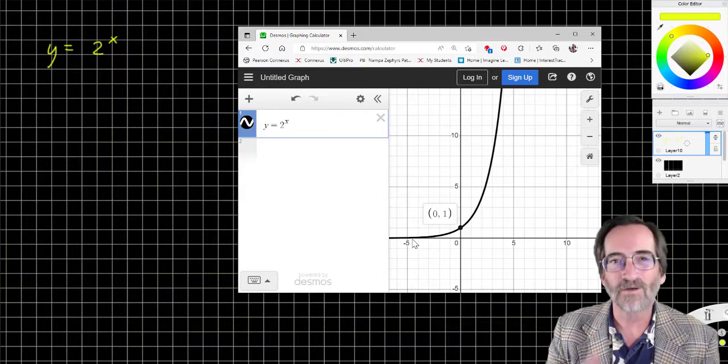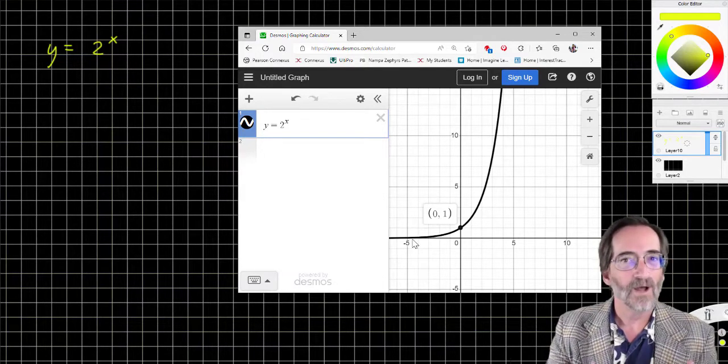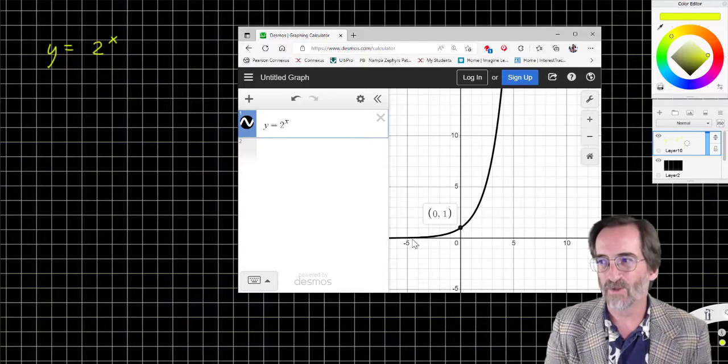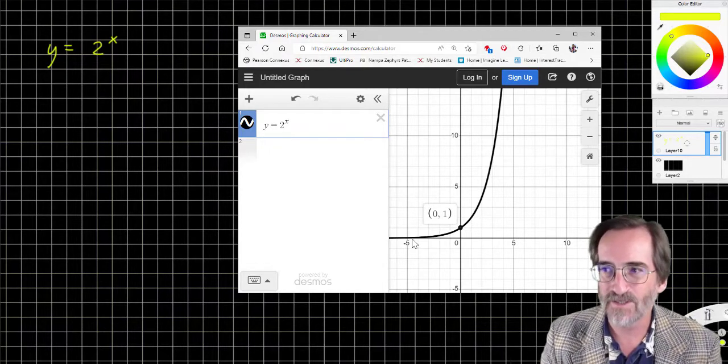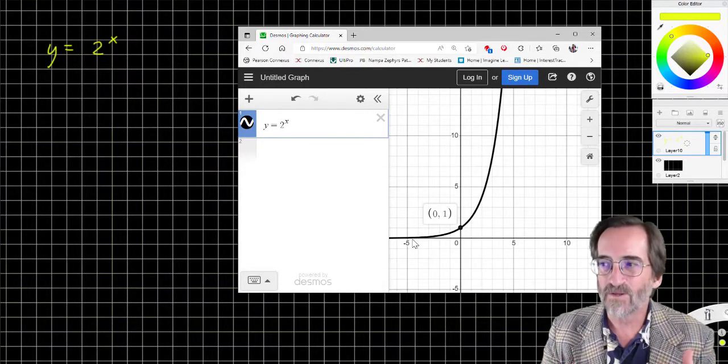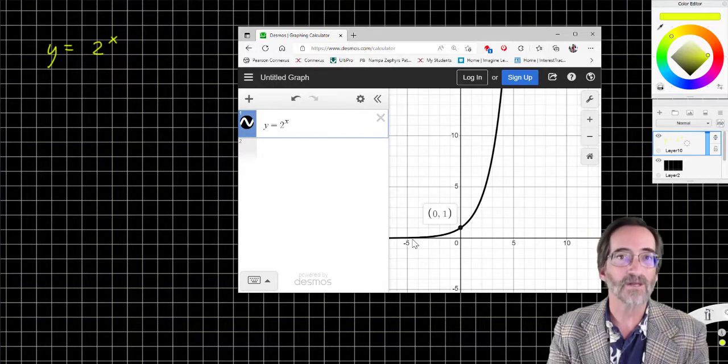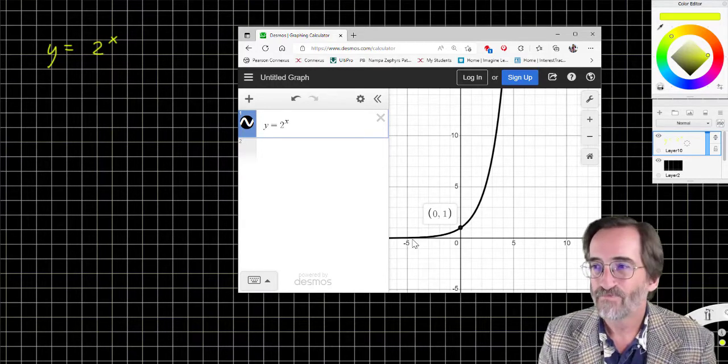If I continue to divide by 2 infinitely, I will never quite get to 0, but I will approach 0. But I will never cross the x-axis. Notice, by the way, that the range of the exponential parent function does not include any negative values. Okay? Right. And so we can modify that.